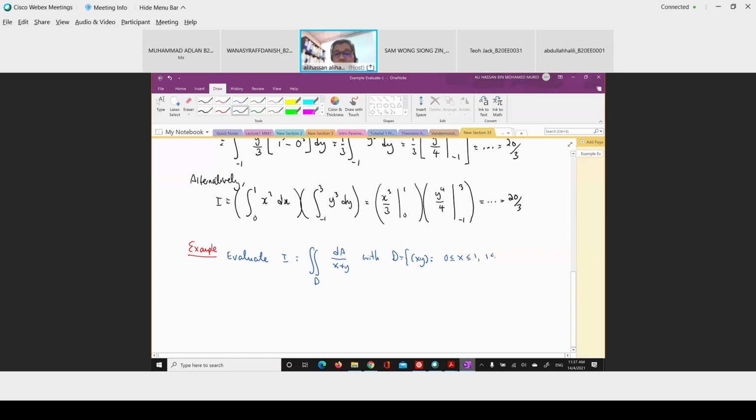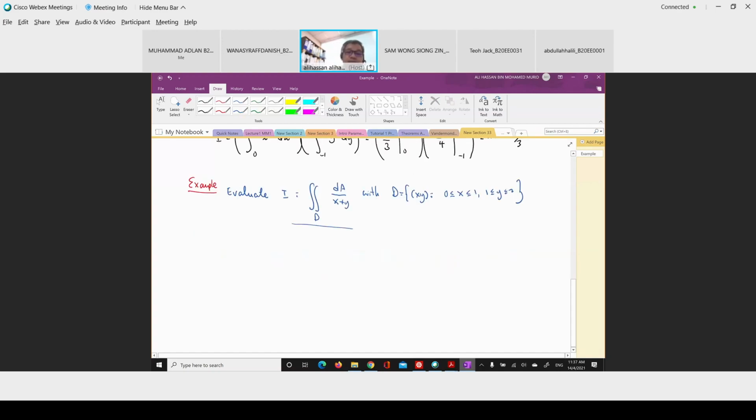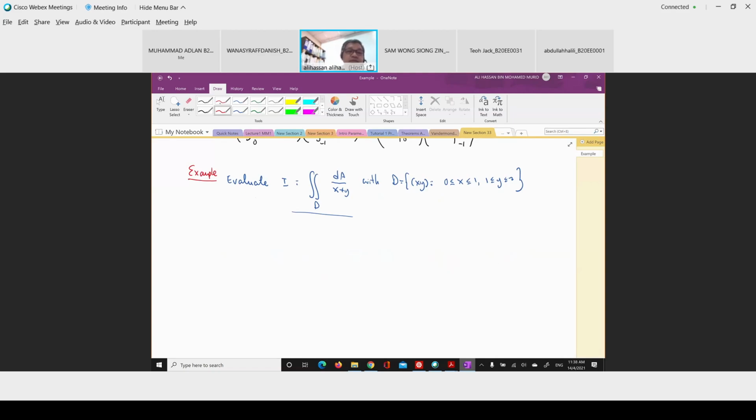Y is between 1 and 2. Let me sketch the rectangular domain D. So x is between 0 and 1, and y is between 1 and 2. So this is the rectangular domain here. This is the domain D here.